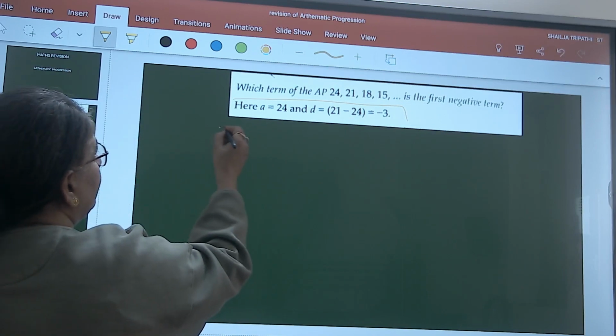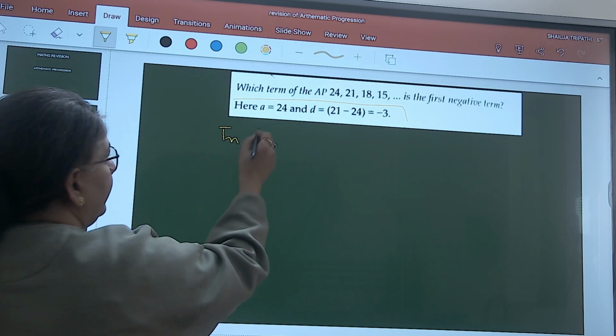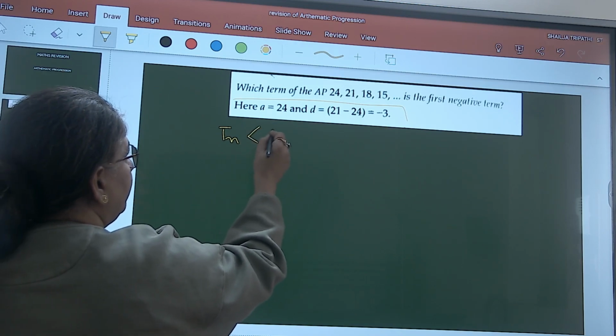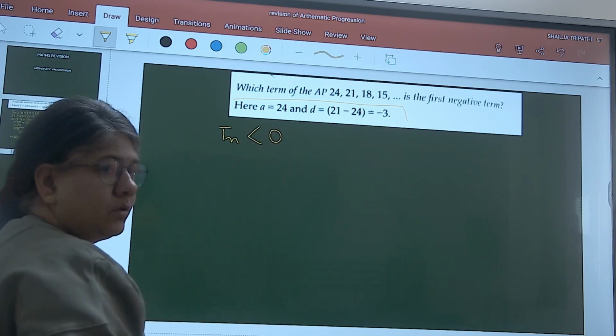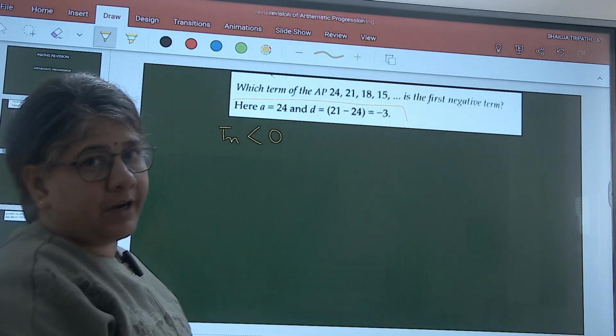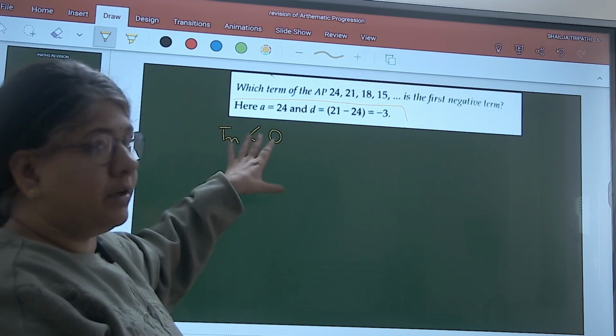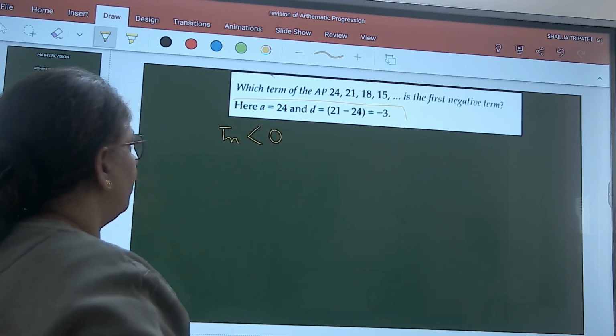Okay, so Tn, the term which we have to find, will obviously be less than 0 because it is the first negative. We have to find the first negative term. So the value which we are going to find should be less than 0.